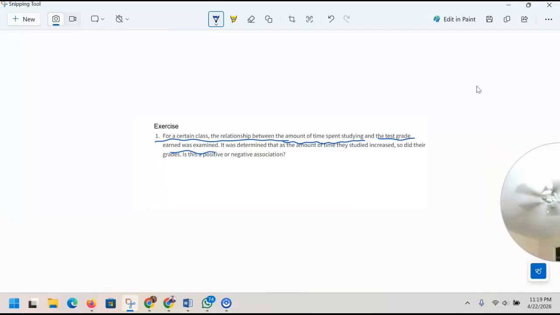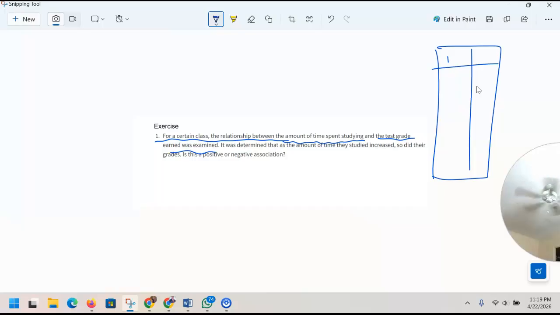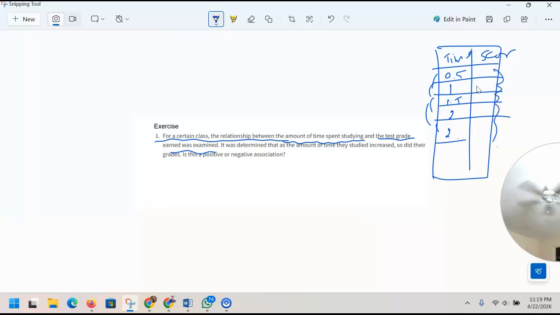If you make two columns, the time spent and the score in the test, let's say somebody spends only half an hour, another 1 hour, 1.5, 2 hours, you'll see the more the person studies, the scores are getting higher.